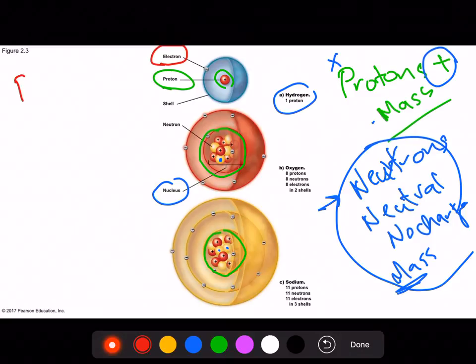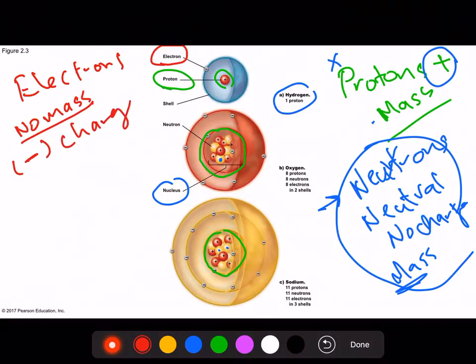The electrons are tiny, they are small. We can say they have no mass. Technically, they do have mass, but it's super tiny, super small. Importantly, they have negative charge. So electrons have negative charge, protons have positive charge, and usually the number of protons equals the number of electrons.